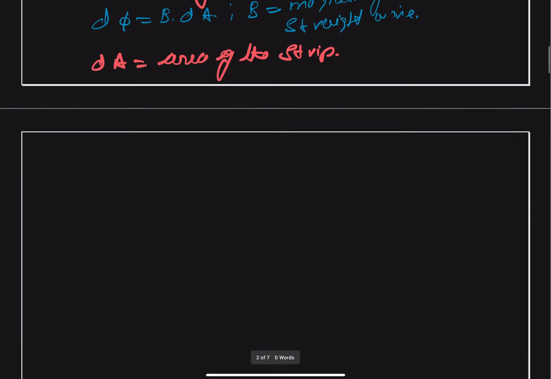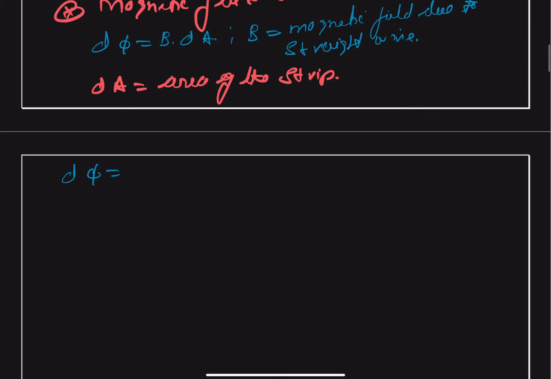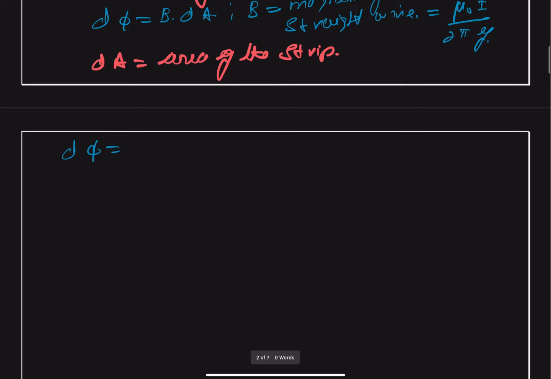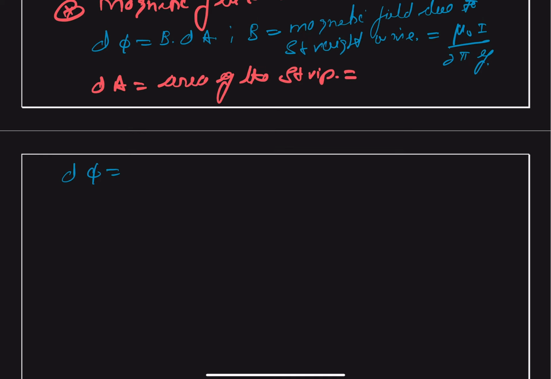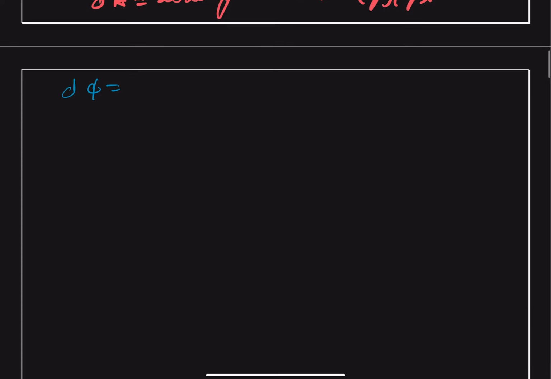B is equal to mu naught I upon 2 pi y, and dA, the area of the strip, is its length 2y times its thickness dy. Substituting both values, we get d phi equal to mu naught I upon 2 pi y multiplied by 2y dy, and here the y cancels out, so this comes as mu naught I upon pi multiplied by dy.